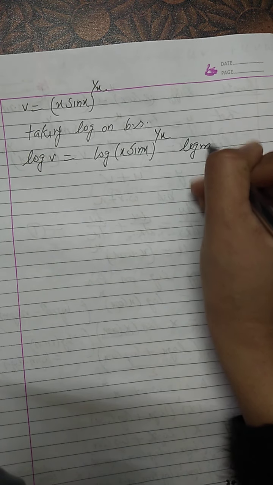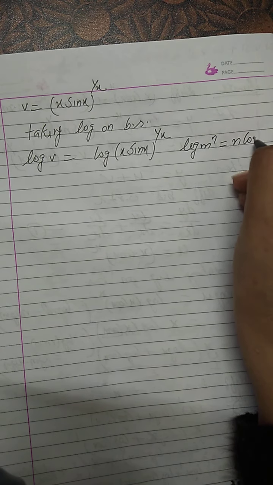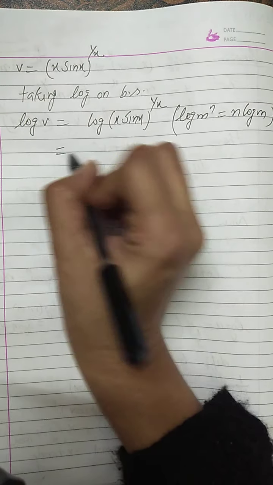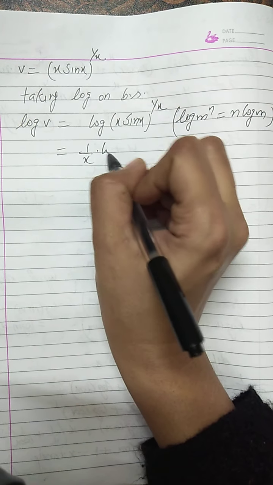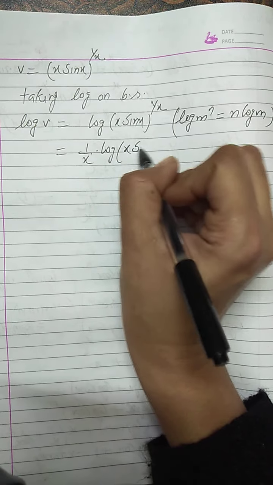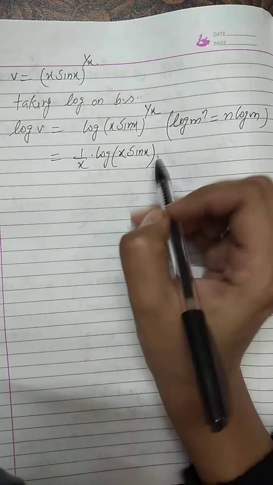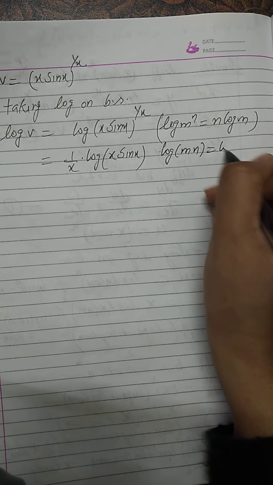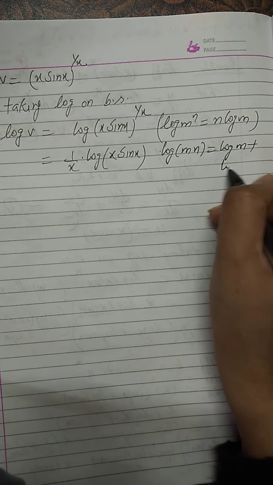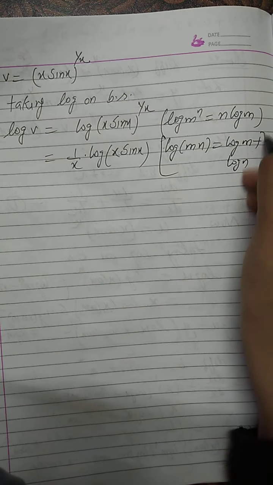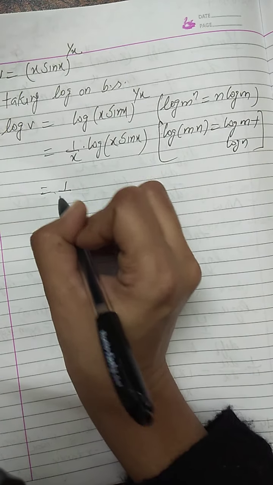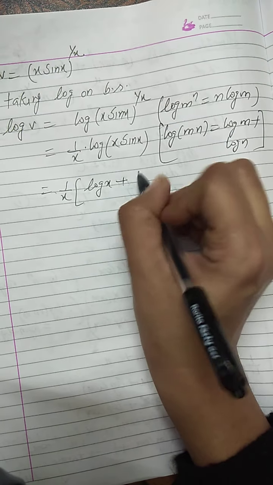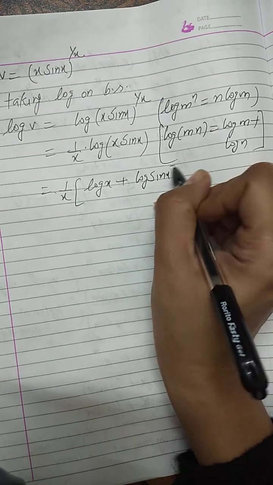So same rule, log m raised to power n is n log m. Once again this rule we will apply, and we are getting 1 by x will come in front, and here we have log of x sin x. Once again here we will apply log of mn, which is equal to log m plus log n. So this rule we will apply, and 1 by x as such, in the bracket we will get log x plus log sin x.